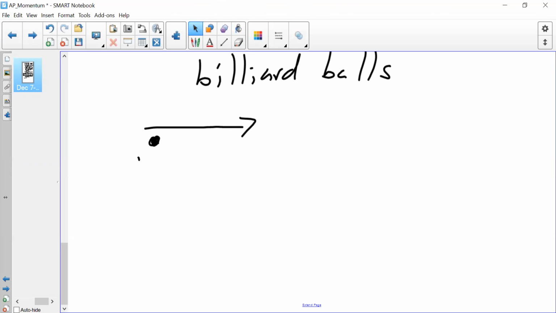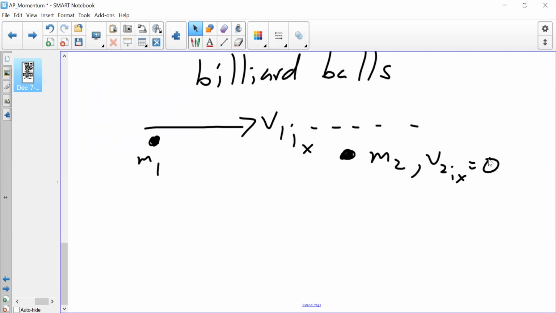The cue ball is coming in, mass 1. Its velocity is V1 initial x. It's traveling in the x direction. Then there's a glancing collision with M2, call M2 the 8-ball. Its velocity is 0, it's at rest.